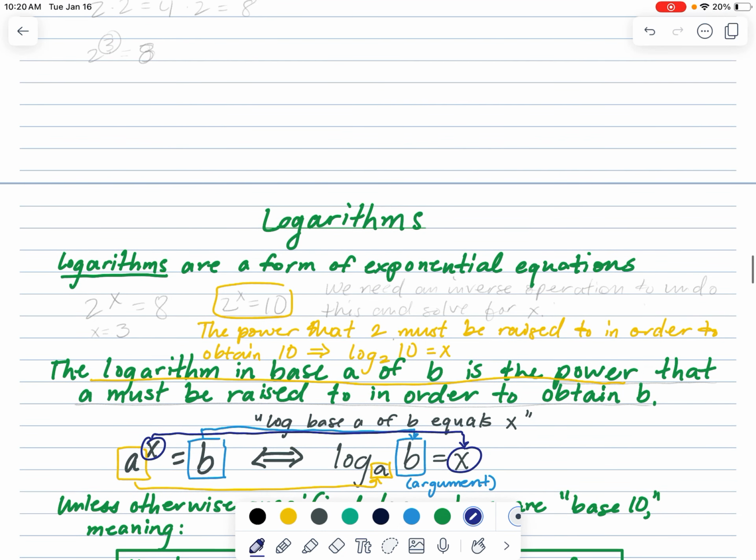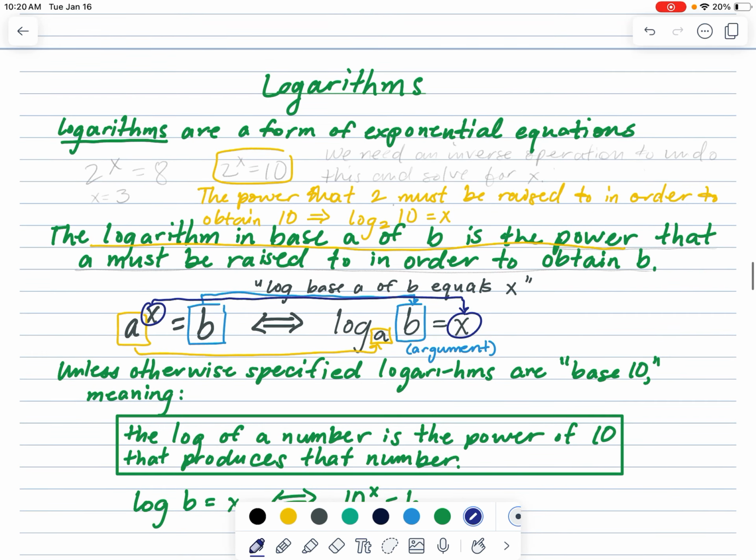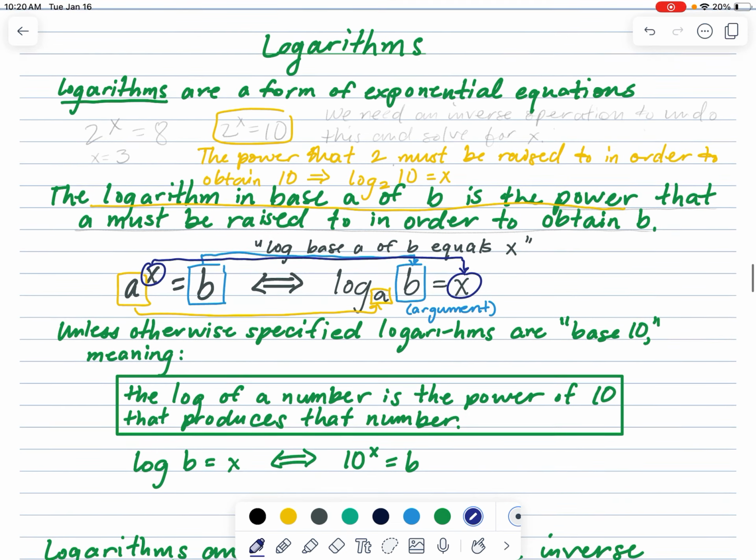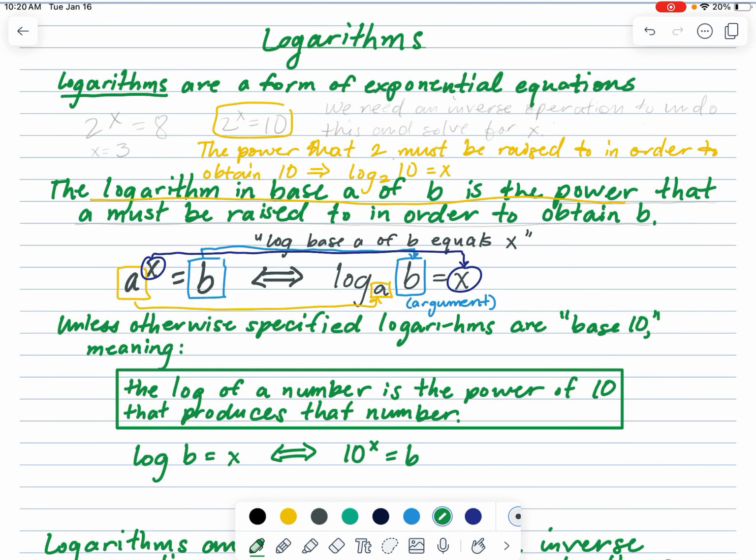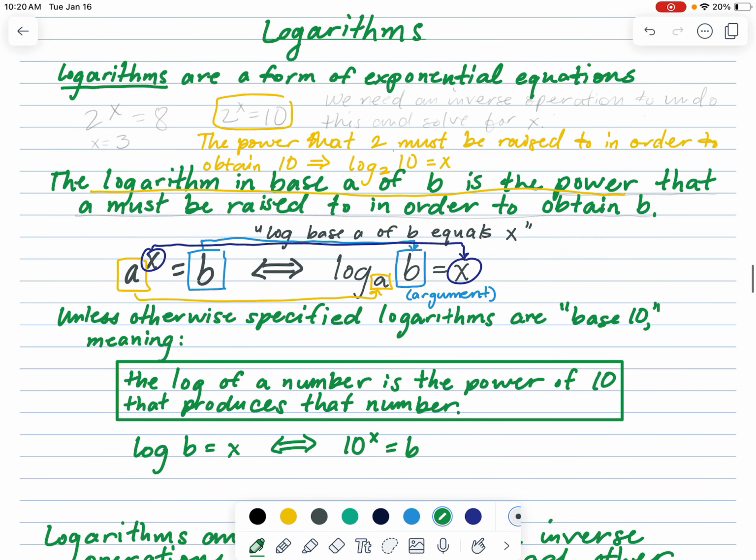That's generally for logs of any base or exponents of any base, but today we're going to focus specifically on base 10. So unless otherwise specified, logarithms are base 10, meaning the log of a number is the power of 10 that produces that number. So the log of b is the power of 10 that produces b.